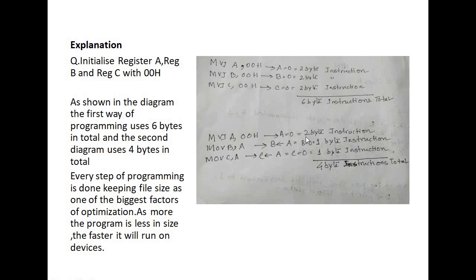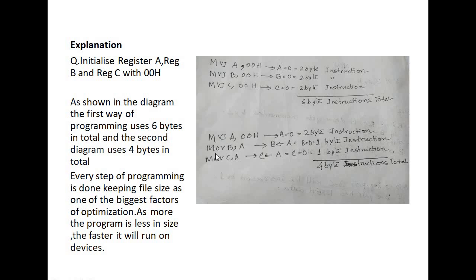This is a 2 byte instruction, because MVI A contains an opcode, which takes 1 byte, and 00H is an 8 bit number, so that is another 1 byte. So A will be loaded with 00H.